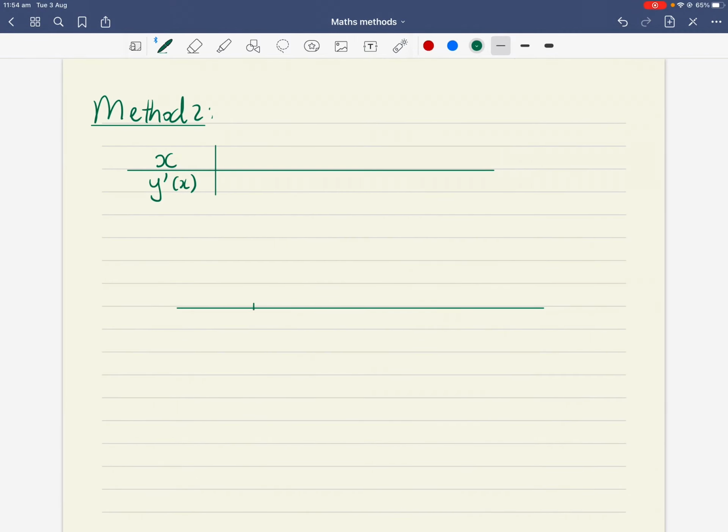So we kind of visualize a number line. We've got a point at -5. We've got another point at 1. Again, remember when we need to pick points, we need to pick a little bit to the left and a little bit to the right of each of the stationary points. So let's pick something to the left of -5, let's say -6. We then need to pick something to the right of 1, let's say 2.